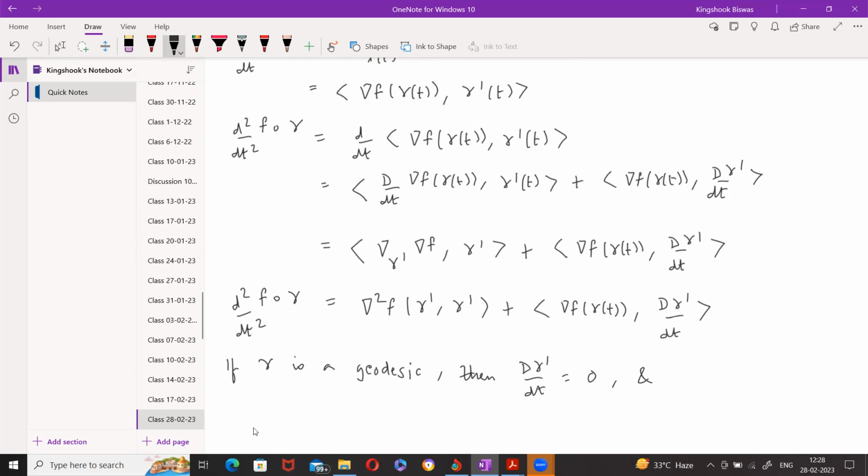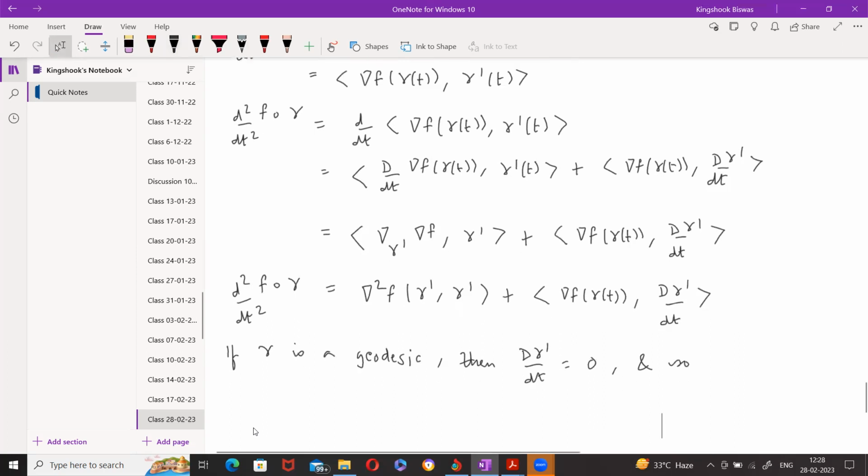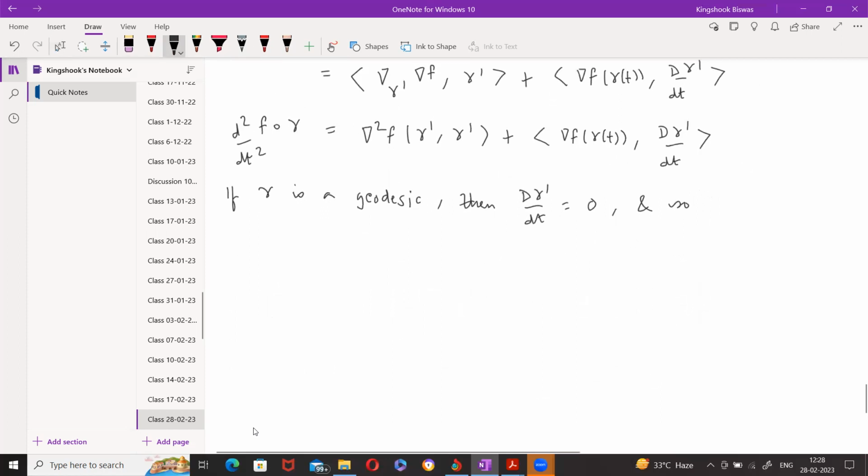And so we get that nabla squared f acting on gamma prime is equal to just the second derivative of f along the geodesic.